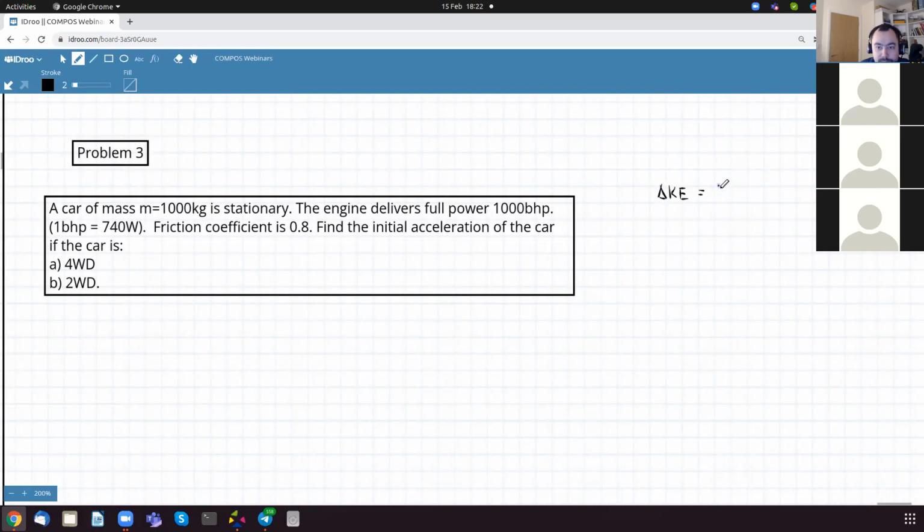And the work done is obviously power multiplied by time. Because it's starting from standstill, the change in kinetic energy is 1/2 mv squared, which is equal to PT.